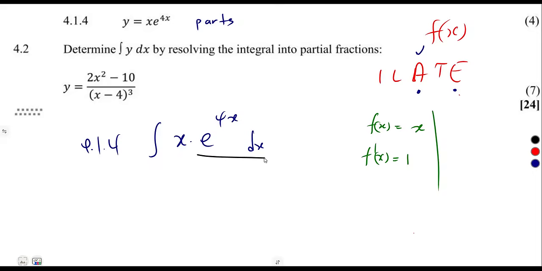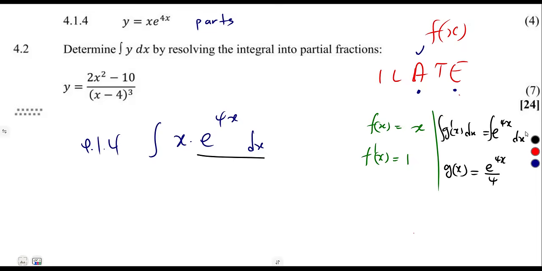And from what is remaining, that's our g prime of x, which is e to the exponent of 4x with respect to x. If we integrate this, you obtain g of x. Remember, that's an exponent, so you divide by the derivative of the exponent, which is 4. So that's it, guys.